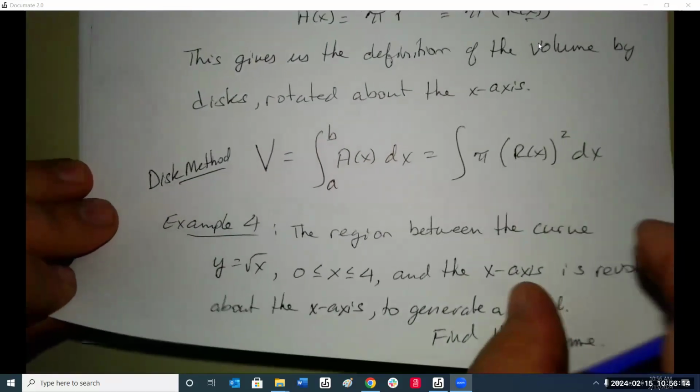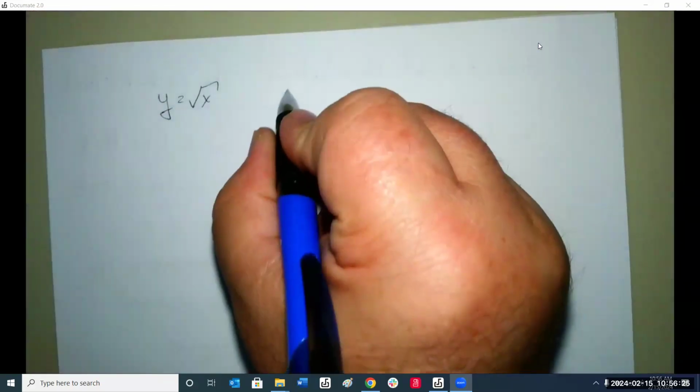So let's draw a picture first. It's y equals square root of x from 0 to 4.